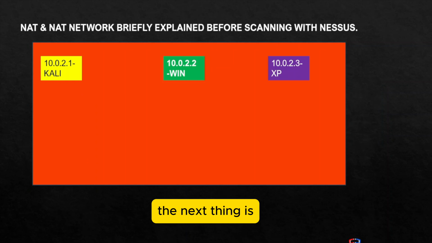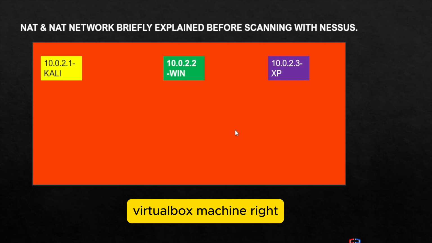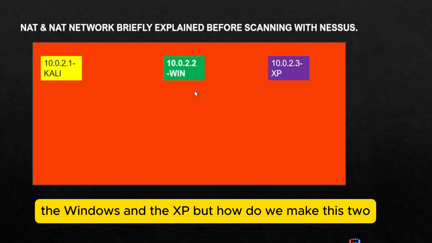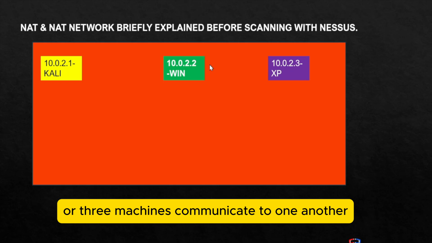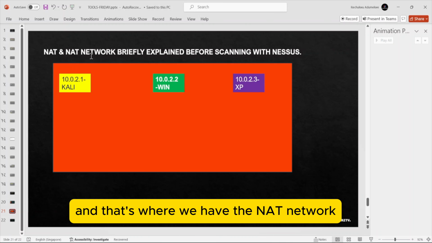The next thing is we are now considering this to be our VirtualBox machine, right? And we have multiple machines, which are the Kali, the Windows, and the XP. But how do we make these two or three machines communicate with one another? That's where we have the NAT network.